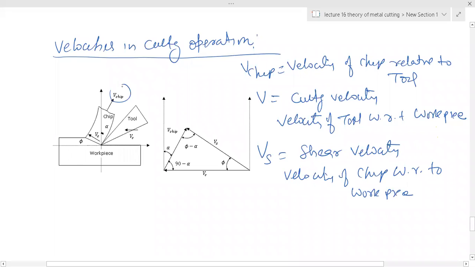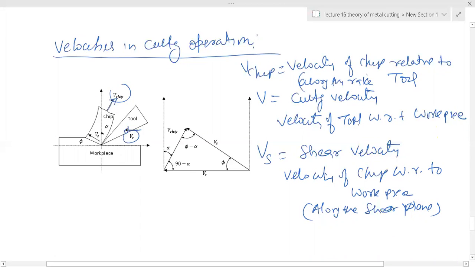Here I have shown these velocities. One is the chip velocity. Then you have the velocity of the tool, that is VC, and you have VS, that is your shear velocity, along the shear plane. Since these are velocities, along the shear plane we must know magnitude and direction. Velocity of chip is along the rake surface of the tool.